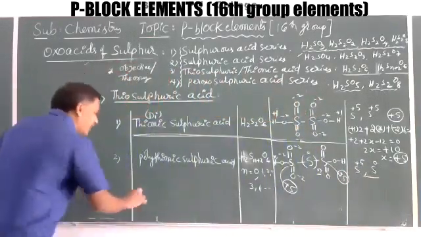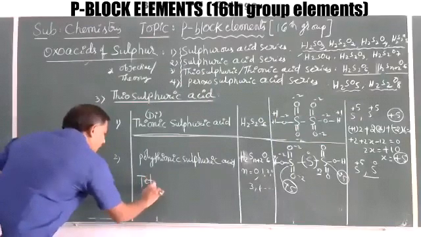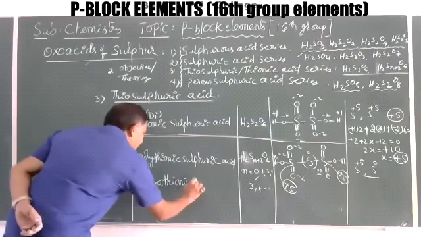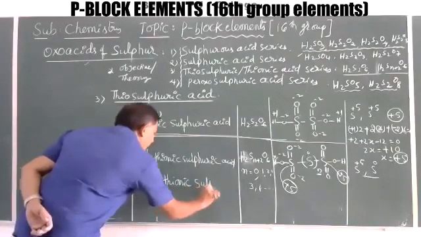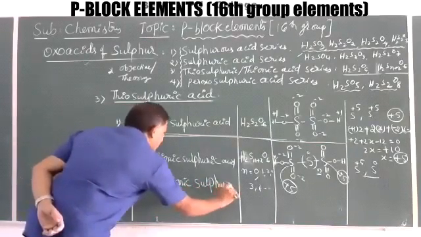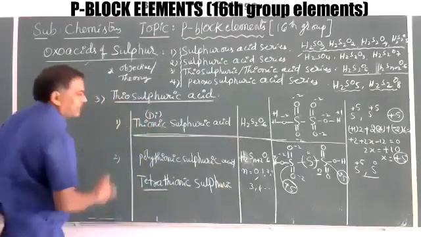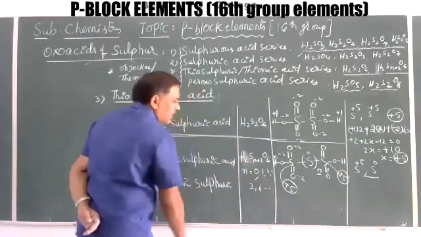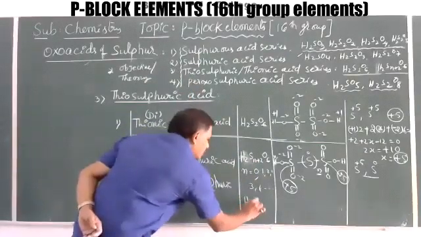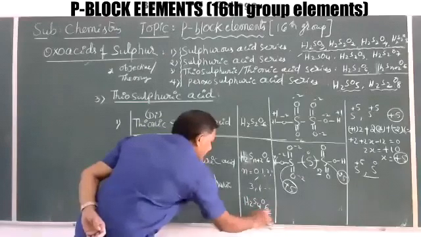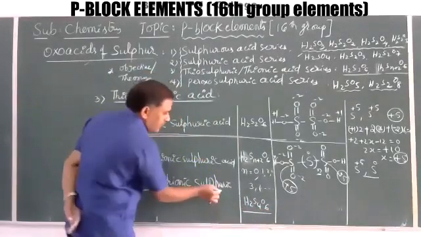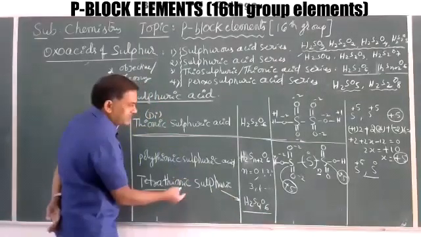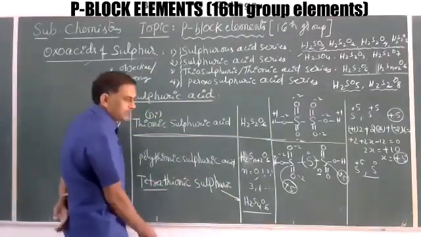Now, for example, take tetrathionic acid, tetrathionic sulfuric acid, if they ask like this. Tetra means 4 sulfur atoms are required. Already 2 are there, take 2 more, and we get H2S4O6. This is the polythionic sulfuric acid, the tetrathionic acid series.